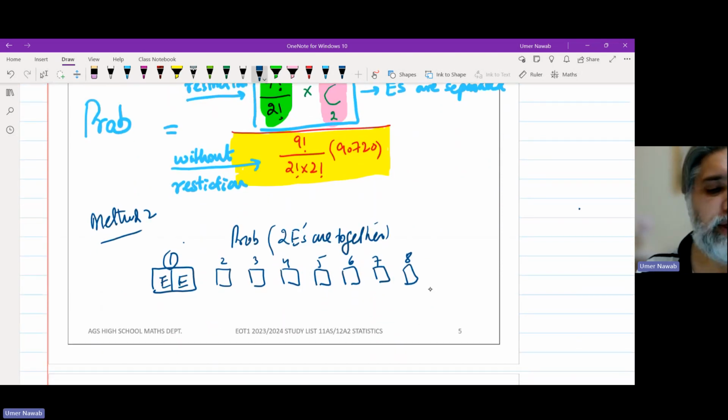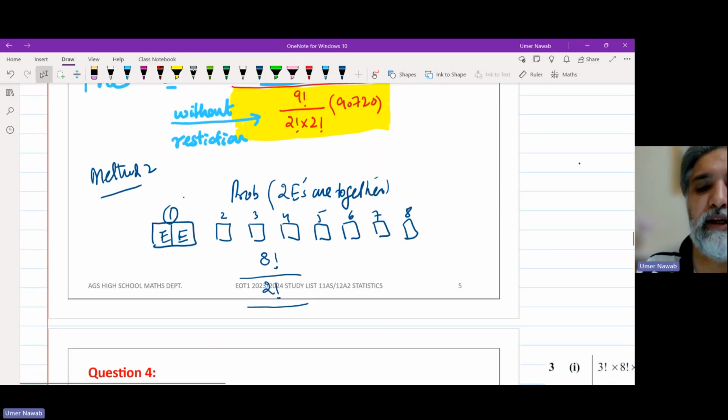Now, in how many ways can we shuffle them? In 8 factorial divided by 2 factorial, because there are 2 L's still over there, correct? And then divided by the probability without restriction, which is 9 factorial over 2 factorial times 2 factorial.